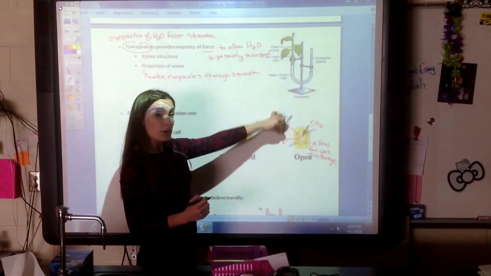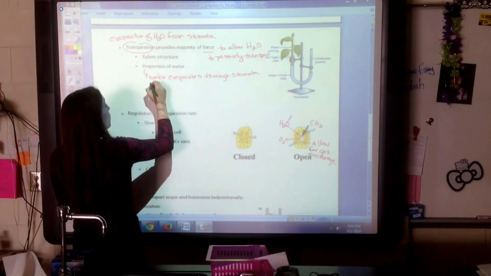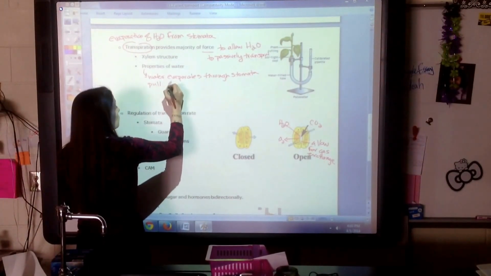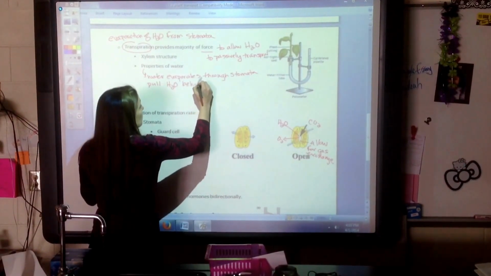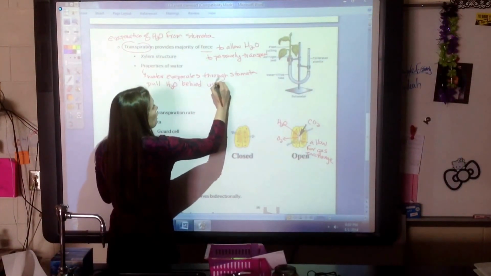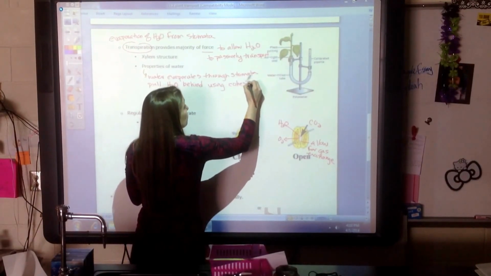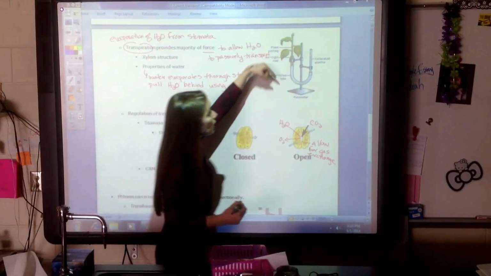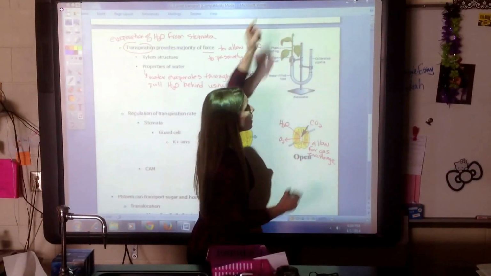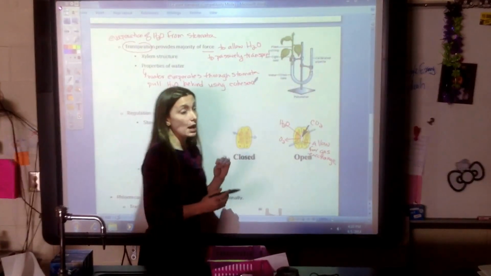And as water evaporates, it's actually going to pull other water molecules behind it using cohesion. Because water molecules are polar and they stick to each other. So as water is evaporated from the stomata, it will actually pull other water molecules up behind it.